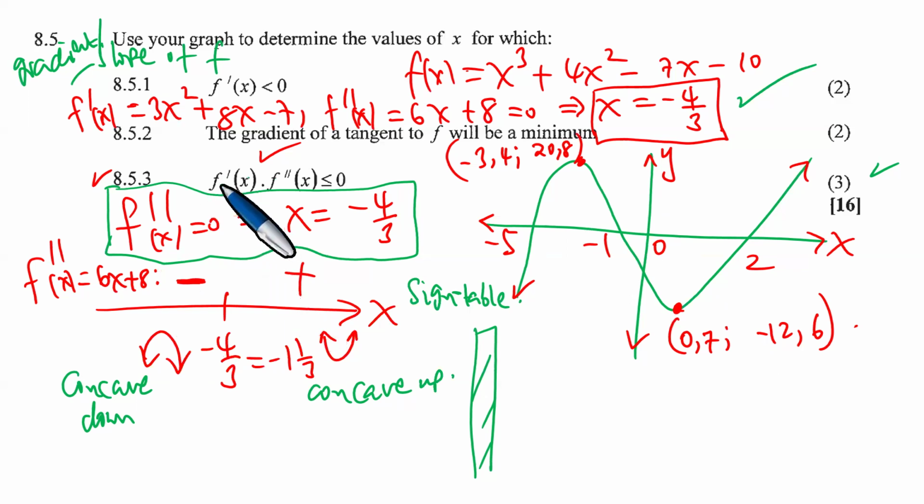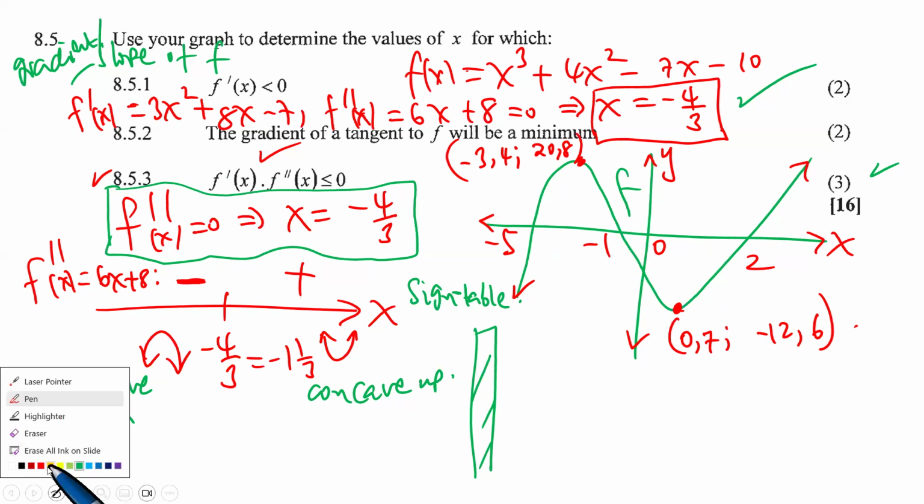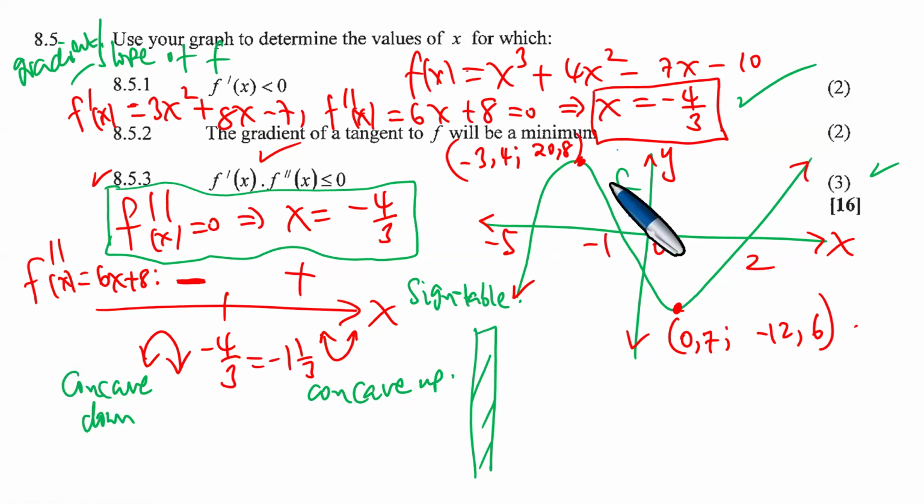But for the function f, you can see the slope. The slope is negative, and then the slope is positive. And then here the slope is positive.